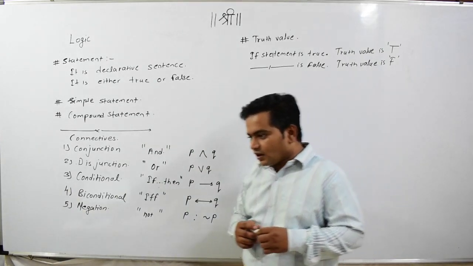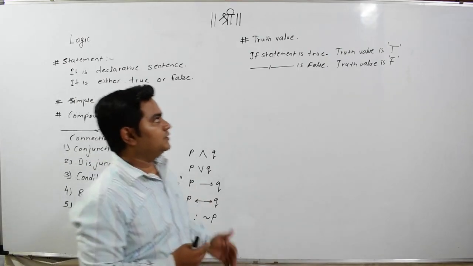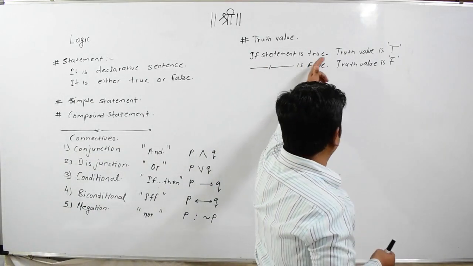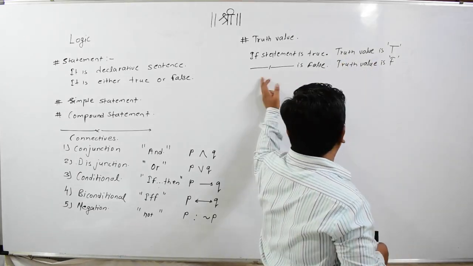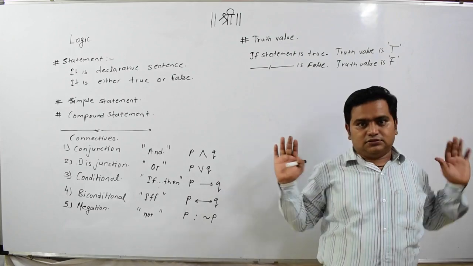So this was the truth value concept. If our statement is true, its truth value is T. If our statement is false, its truth value is F. That's it, nothing else.